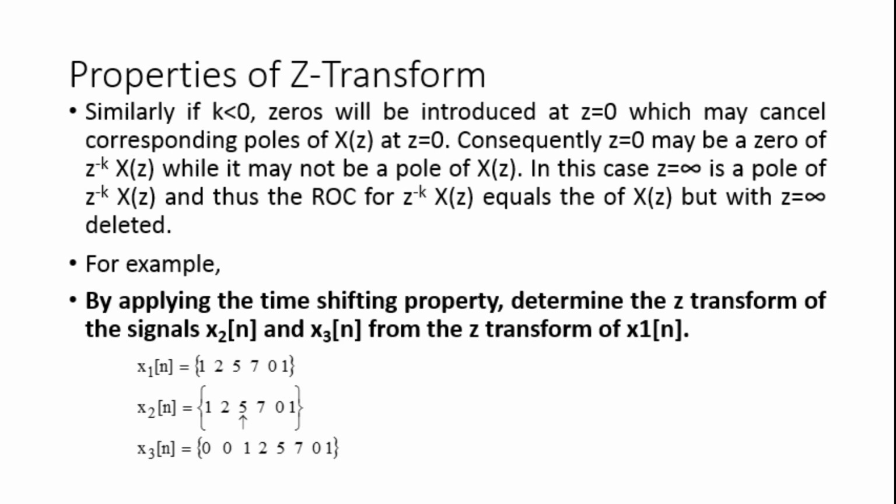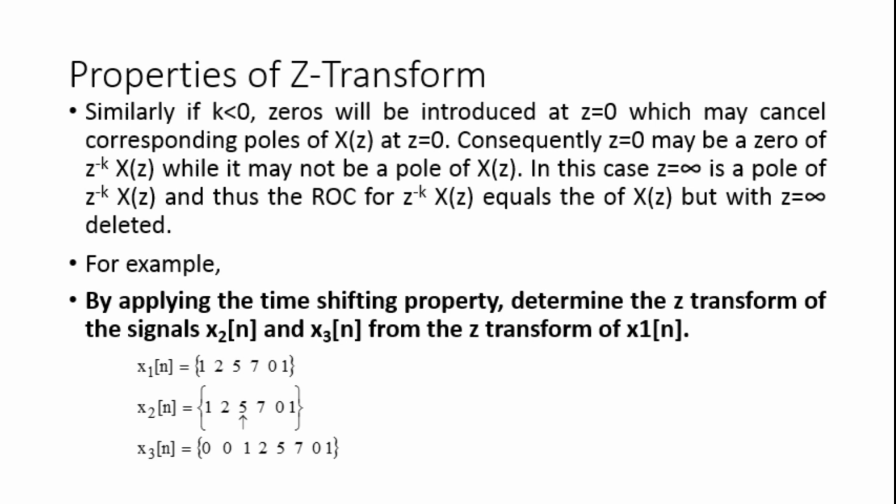In this case, z equal to infinity is a pole of z to the power minus k into X of z, and thus the ROC for z to the power minus k into X of z equals the ROC of X of z, but with z equal to infinity deleted.